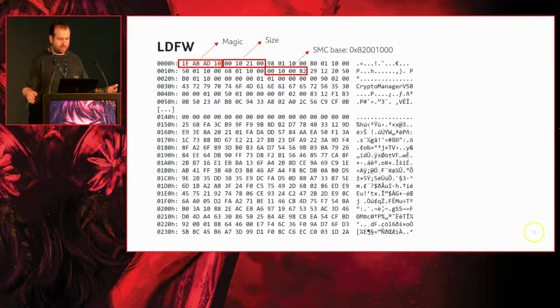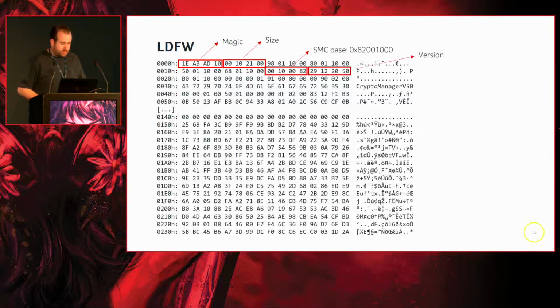Every SMC has an ID. In this case, the SMC base for this loadable firmware is 82001000, and then the last byte is ignored. So there will be a pattern match on the first 3 bytes. If the caller specifies those 3 bytes as the SMC value, the call will be forwarded to this loadable firmware.